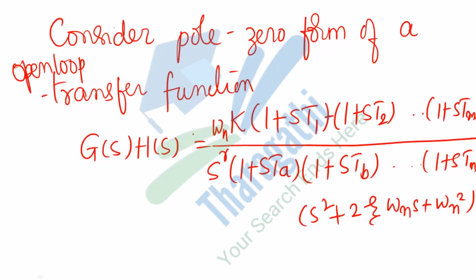Here we have omega n. So this is the open loop transfer function of the system.